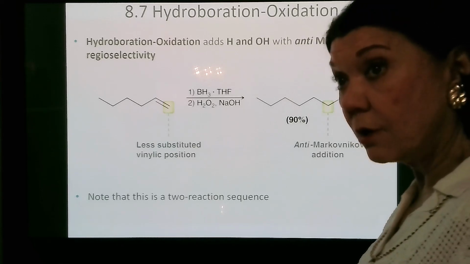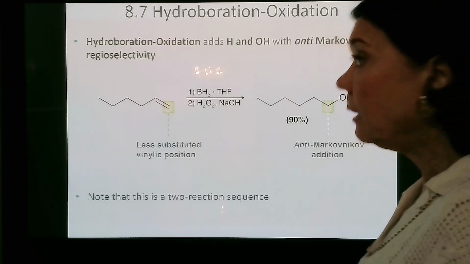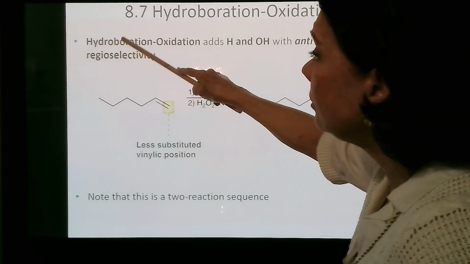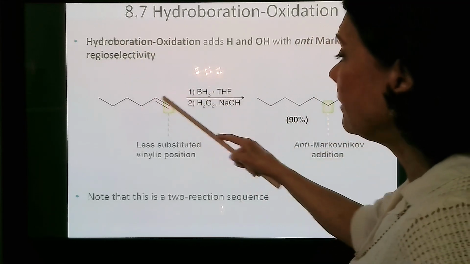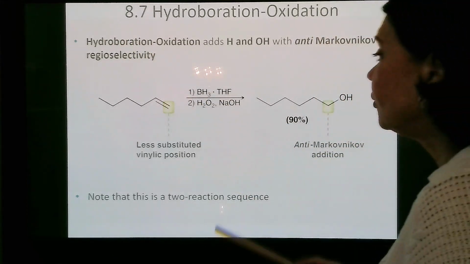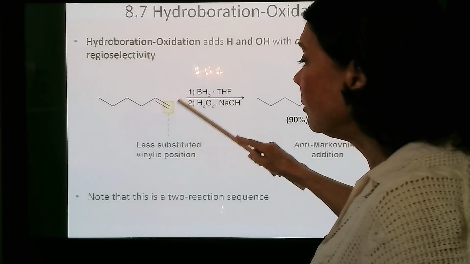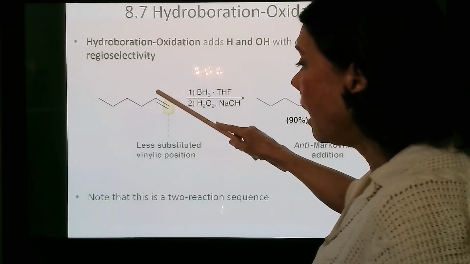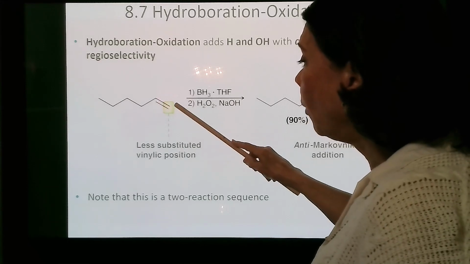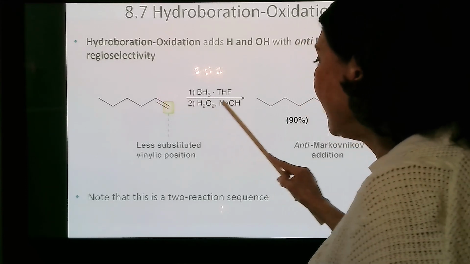That's why it's called hydroboration, because you're going to have hydrogen and boron added across the double bond. And so the boron is going to become attached to the less sterically hindered end. Hydrogen will go in here. Boron will go here.